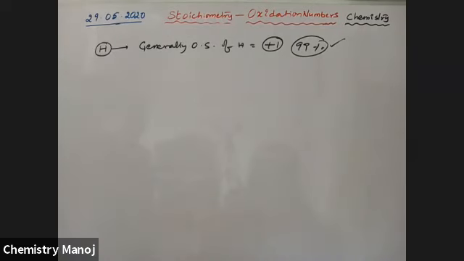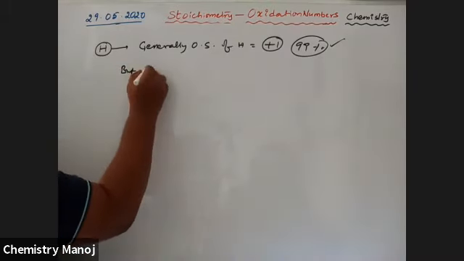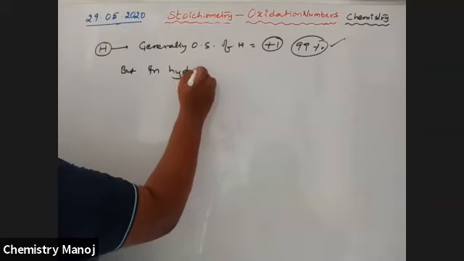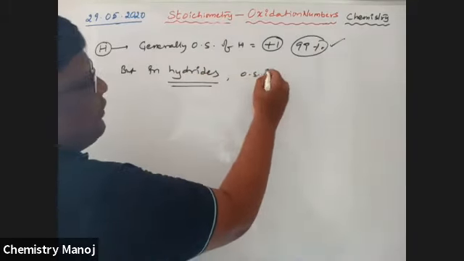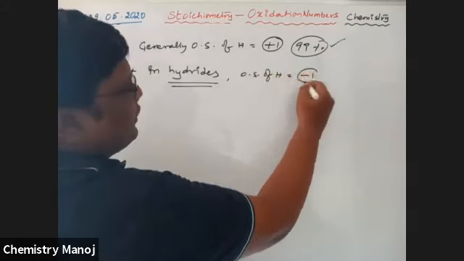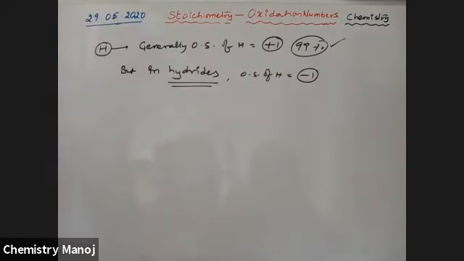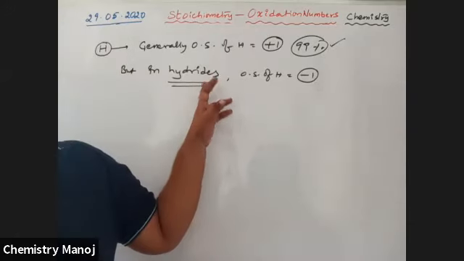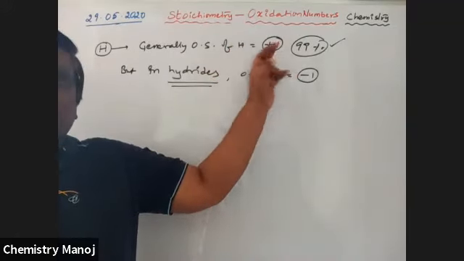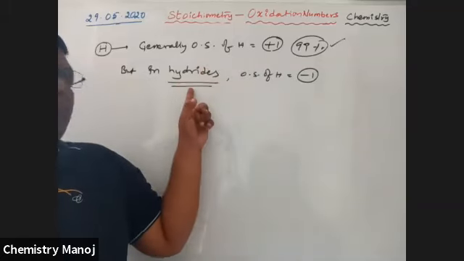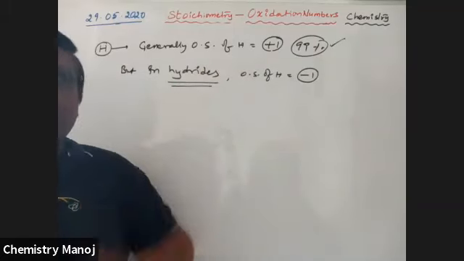The oxidation state of hydrogen is +1, but sometimes, in hydrides, the oxidation state of hydrogen is -1. It is exceptional. 99% of the time hydrogen is +1, but in hydride conditions, hydrogen is -1.